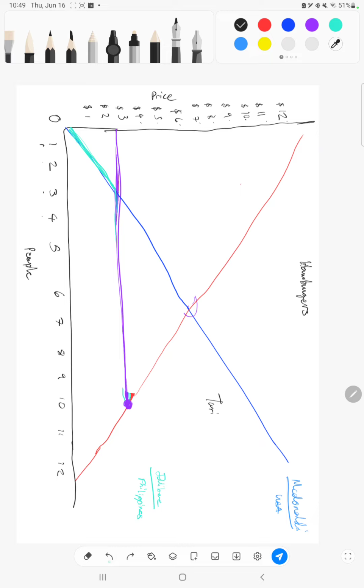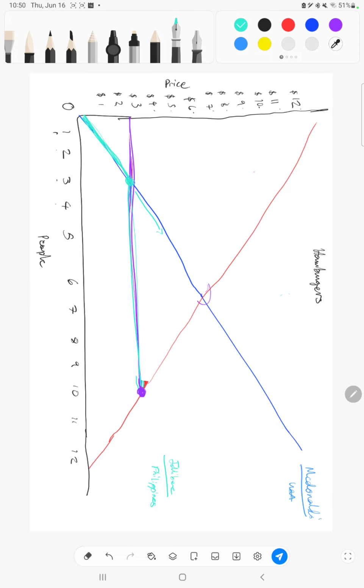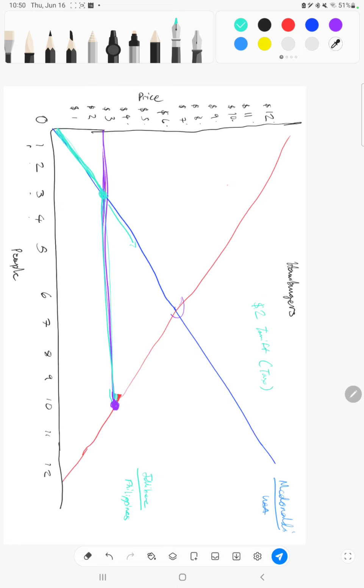And so now what happens? Let's say that the Philippines hamburgers were here at $3, and the tax makes it go up. They say, okay, I'm going to tax you $2. So a $2 tariff or tax. And so they have no choice.